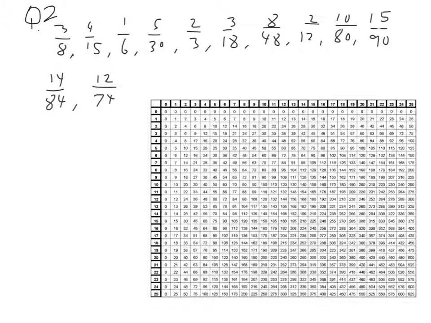So we have the multiples of 1 and the multiples of 6. So we have the first one. We know that 1 multiplied by 1 is 1, 6 multiplied by 1 is 6. Okay, so what about 1 multiplied by 2? That's 2. 6 multiplied by 2, that's 12. Do we see a 2 over 12 in this list?